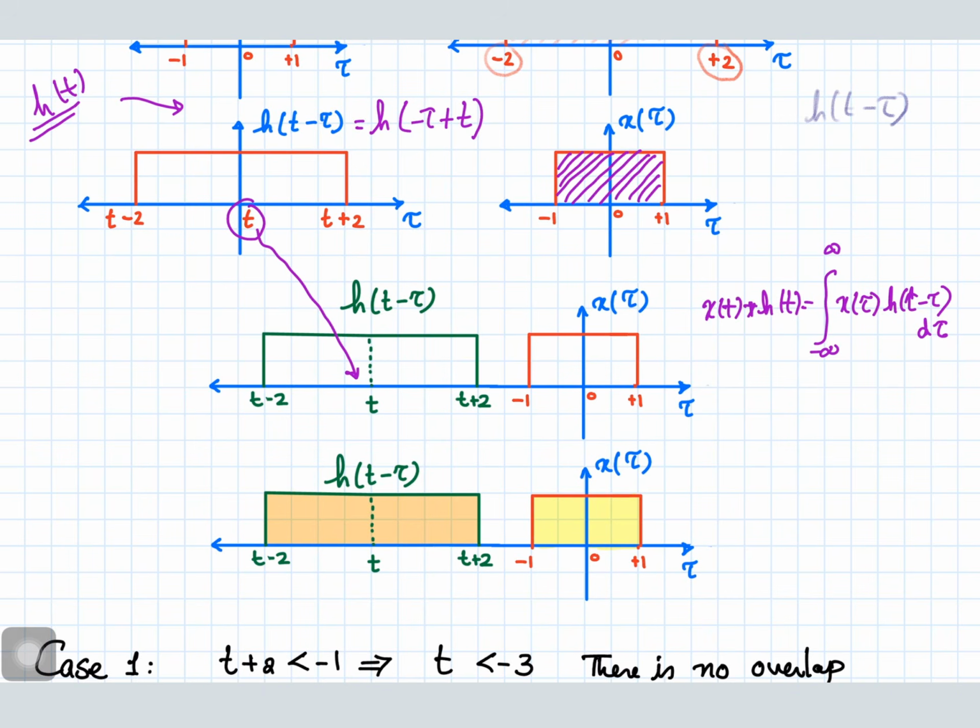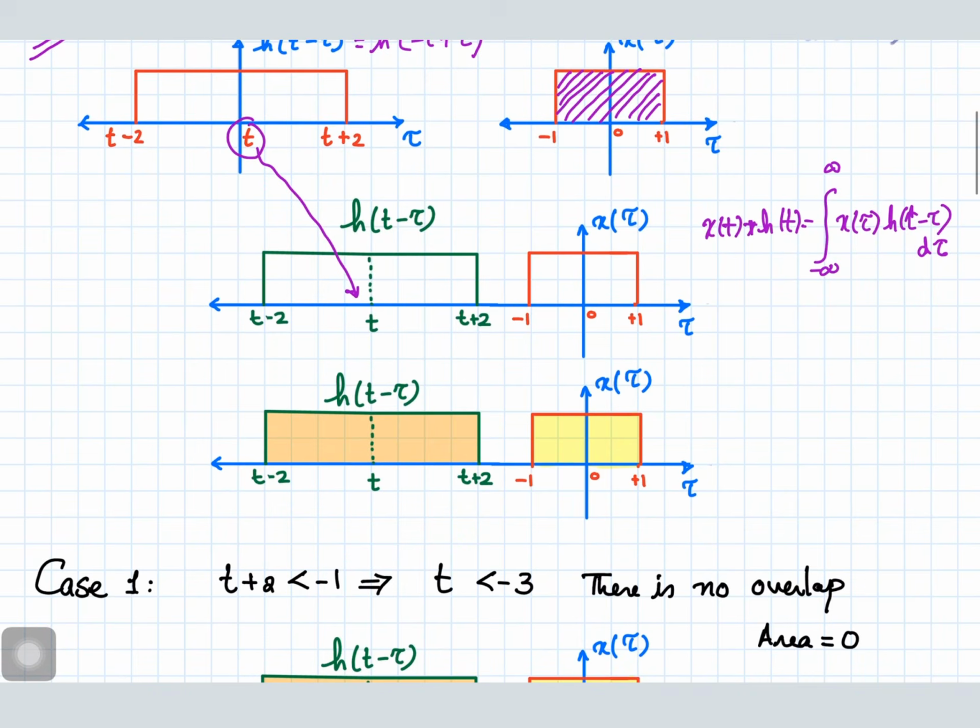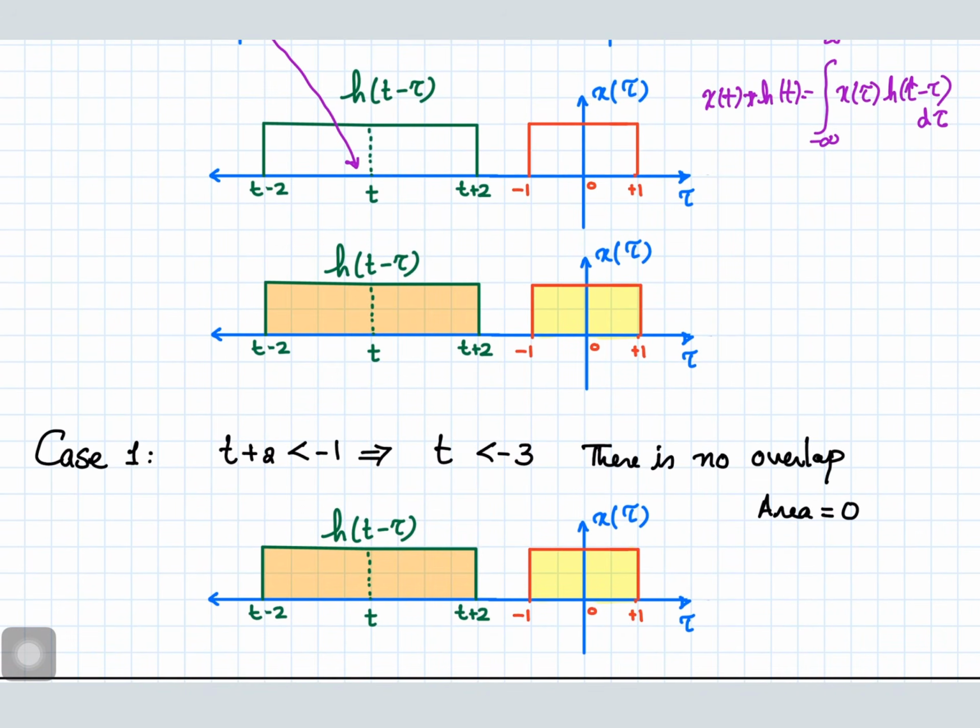So as time progresses, when the overlap of the two signals starts, the area accumulated will be changing. We want to work that out so that you can better understand. Let's suppose this is our first signal, and now it starts moving towards the next one, x of tau.